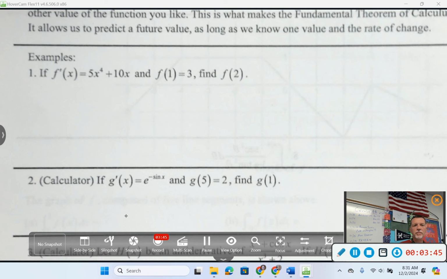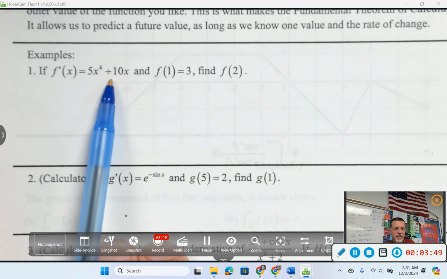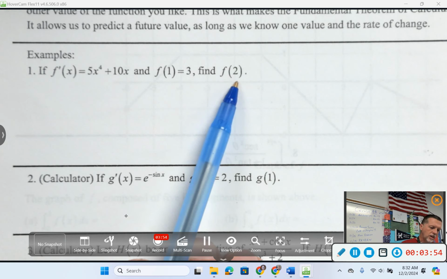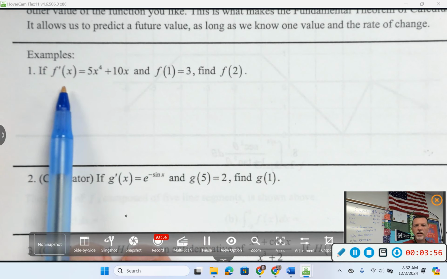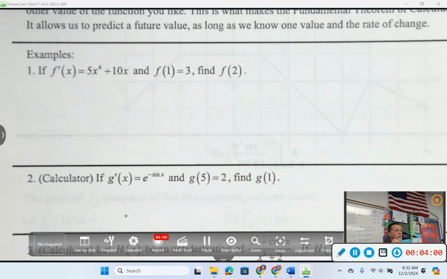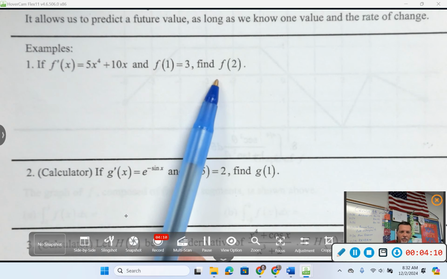Let's do number 1. If f prime equals 5x to the 4th plus 10x, f of 1 equals 3, find f of 2. Okay, so be very careful, always be very careful about what they give you. Just like when we were doing graphs a while back, be super careful about what you're looking at. They give me f prime, and they're asking questions about f.